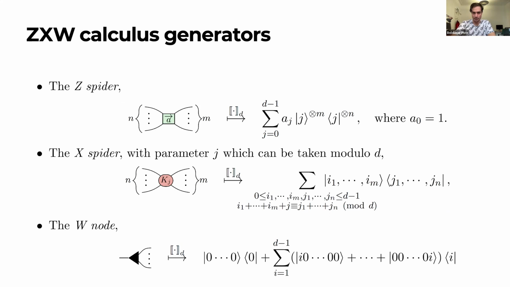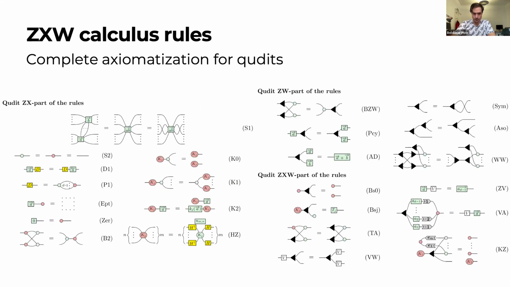And they also have rules, so it is in fact a complete calculus. We have rules that deal with interactions between the ZX, then rules between the ZW, and lastly the ZXW part of the rules. Don't try to understand these too hard.